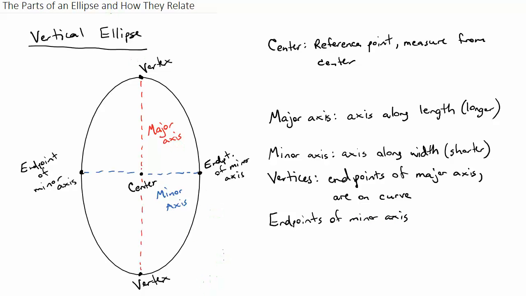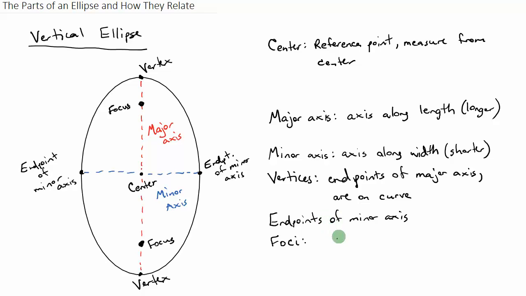Then we have 2 more points that the curve wraps around, and they live between the center and the vertices. So I'll have one of those points up here and one of those points down here. Each one of those is called a focus. When you have 2 of them, they are called foci.